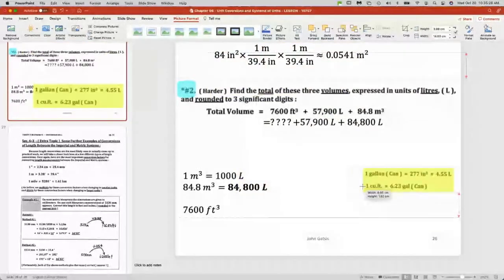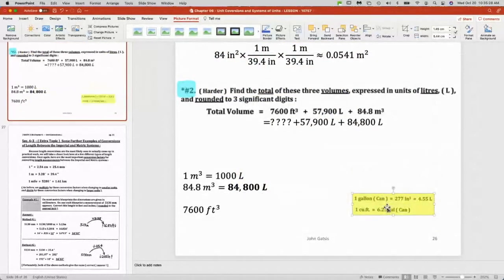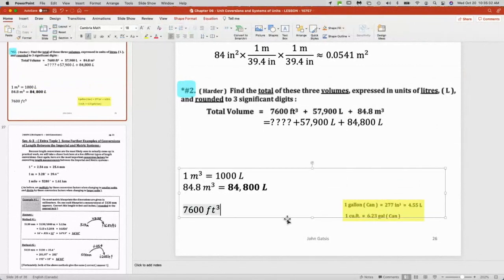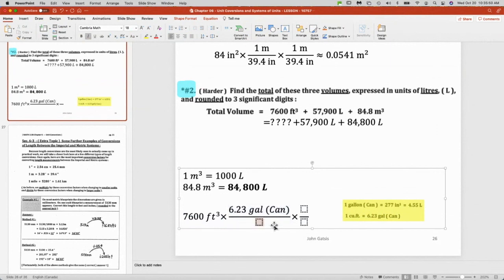The way that I would have done this question otherwise is I would have converted it to cubic meters. But I'll use those conversions because they are available to us. The only reason I'm doing it this way is because those units are right from the table. So I know that 1 cubic foot is 6.23 gallons Canadian.